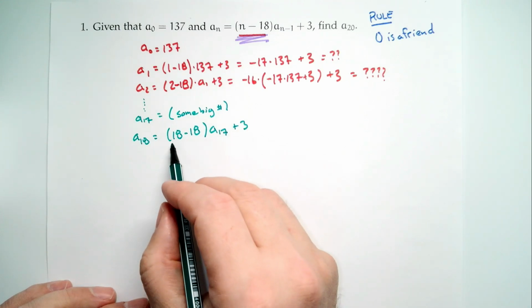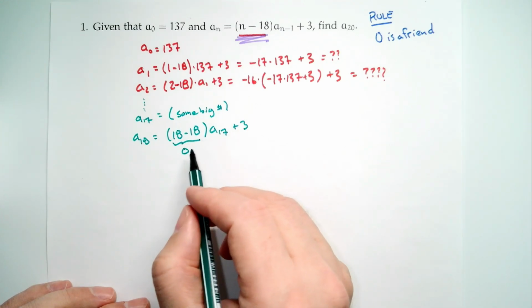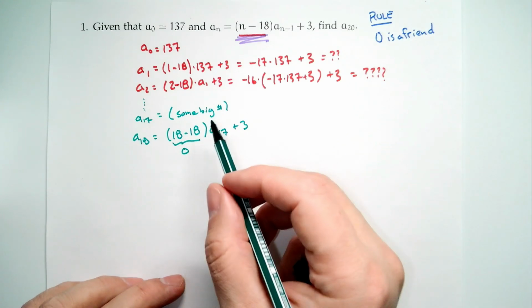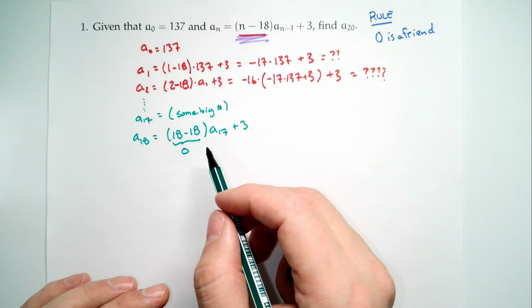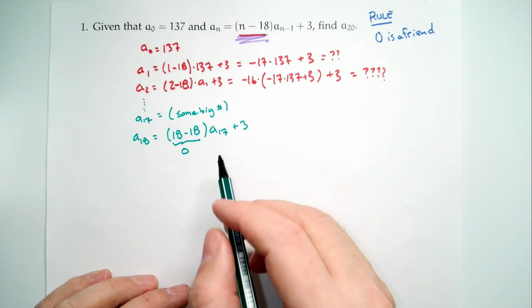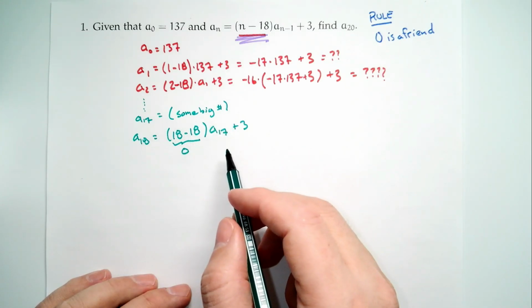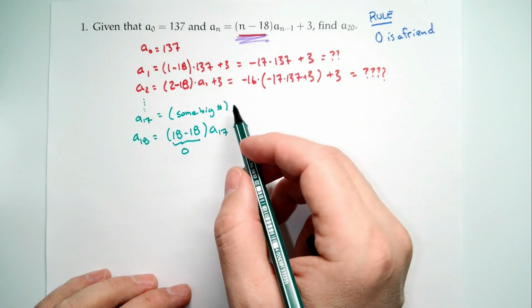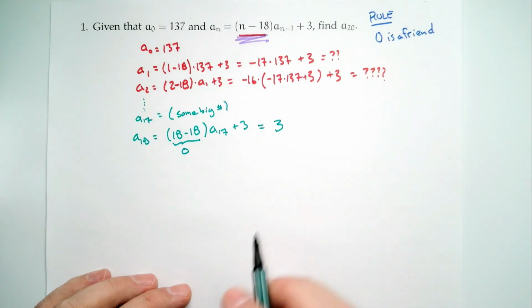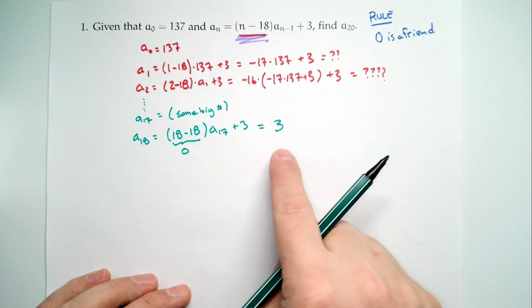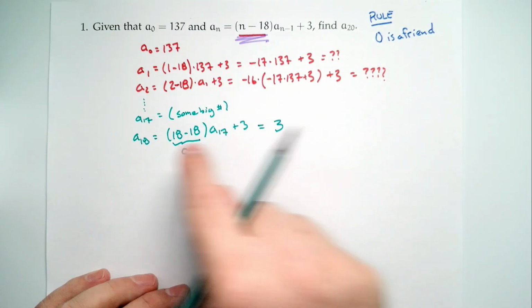But wait, 18 minus 18 is 0. If I multiply 0 times some big number, it doesn't matter how big that number is, you're not going to recover. So the first term goes away. Even though I don't know what A17 is, it doesn't matter. A18 is 3. Nice. But we don't want A18, we want A20.